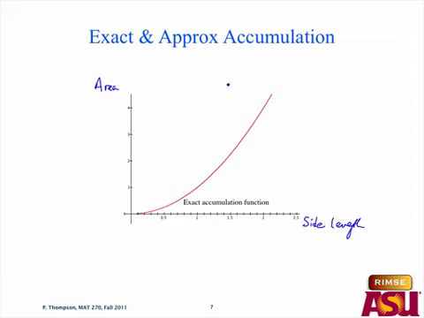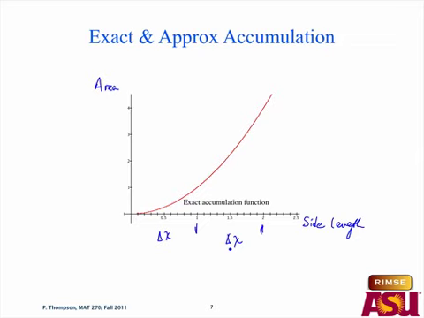Okay, so if we use, for instance, a delta x of 1, what's the approximate accumulation function going to be like? Is there another idea, Calvin?